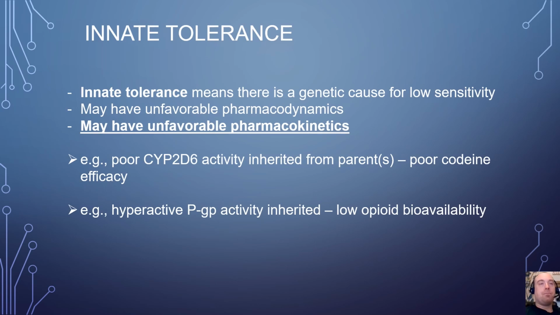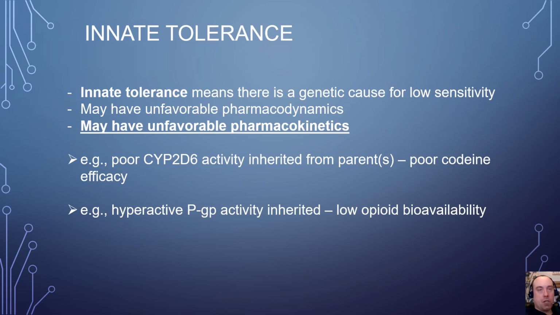Okay, so if you're taking an oral opioid, hyperactive PGP, because it's embedded in the intestinal wall, might not even let the opioid be absorbed to begin with. So before it even gets into the blood, it might get pumped out of the intestinal cells while it's trying to get in there, and then eventually get eliminated fecally before it even gets absorbed in some cases.